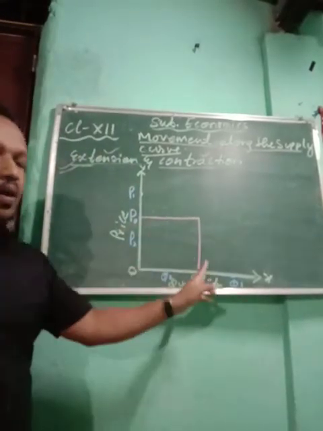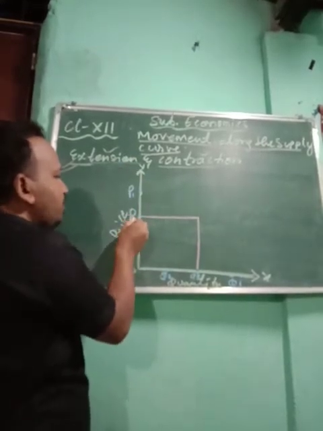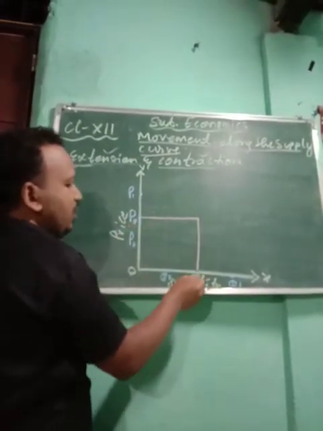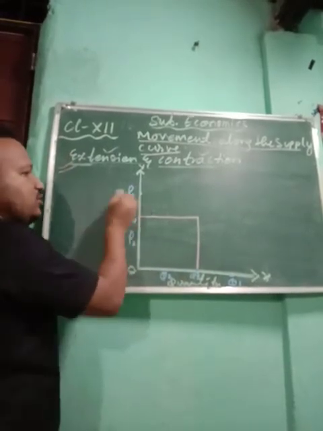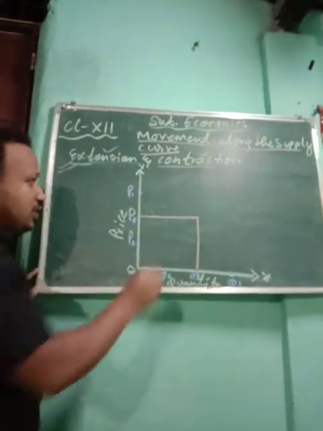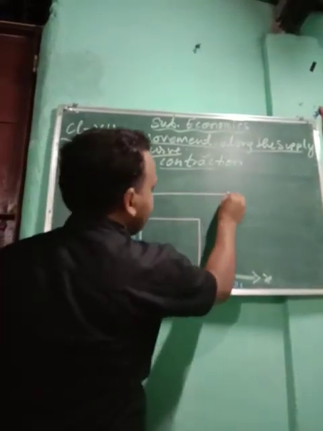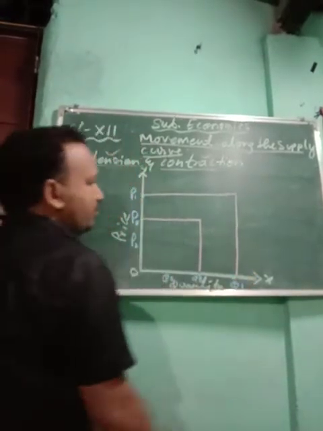Okay, this is your base. Now we are going to see extension first. When the price was P0, the quantity supplied was Q0. Suddenly there is a rise in price. From P0 the price increased to P1. When price is increasing, supply is also going to increase.